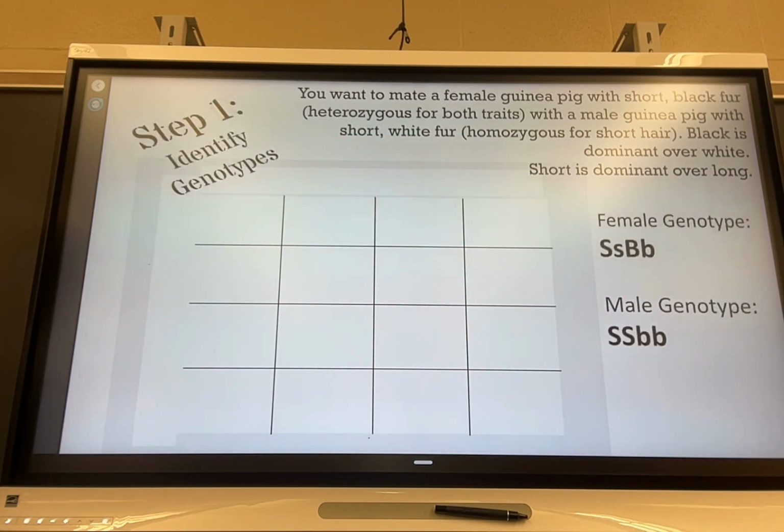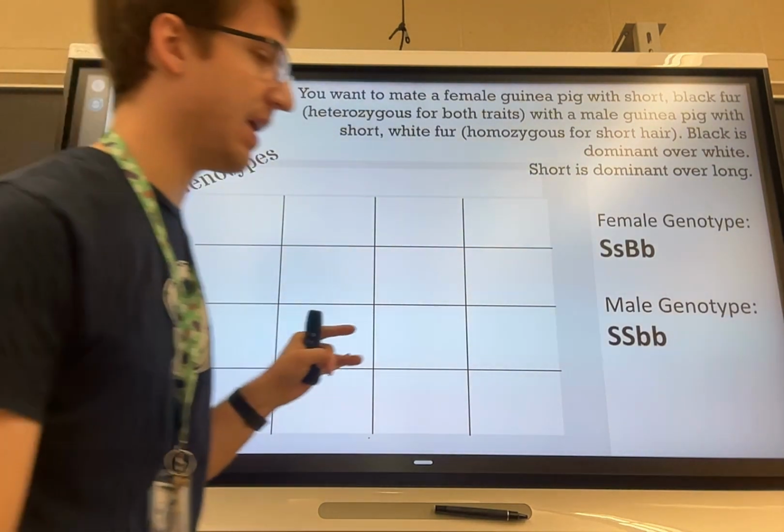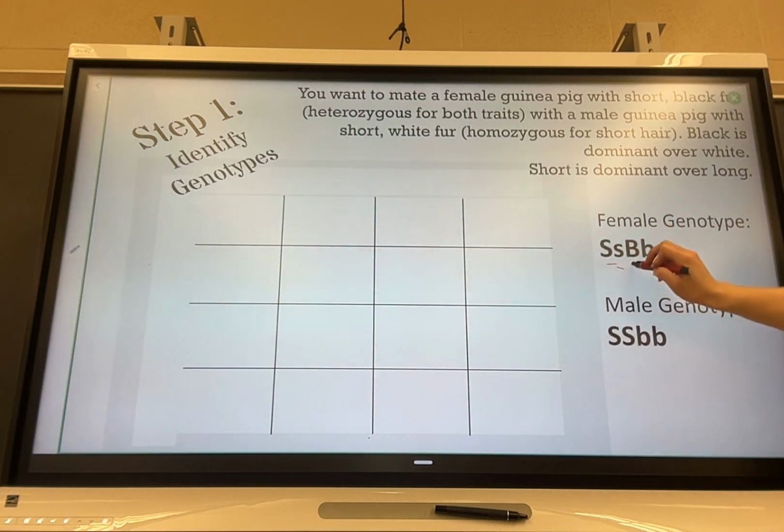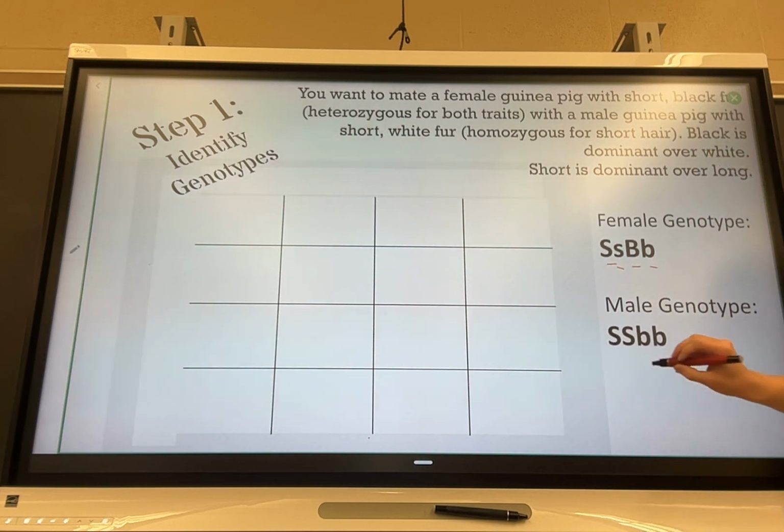Okay, so our female and male genotypes, first thing we need to figure out. If we have a female that is heterozygous for both traits, it's going to get a big S and a little s and a big B and a little b. Our male, on the other hand, is homozygous for both traits because our white fur is recessive, and our short hair is dominant as well as homozygous.